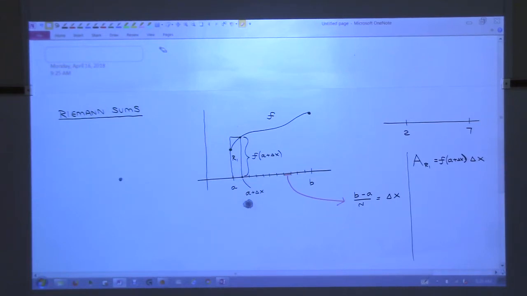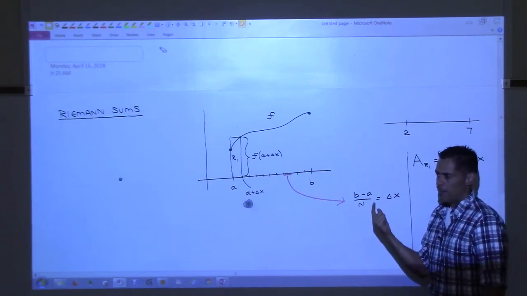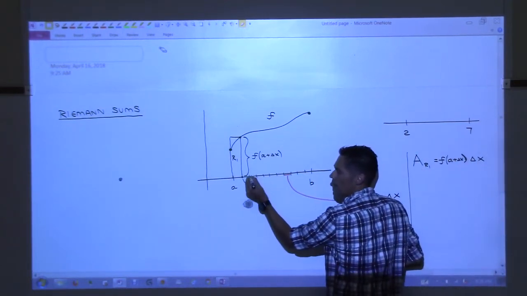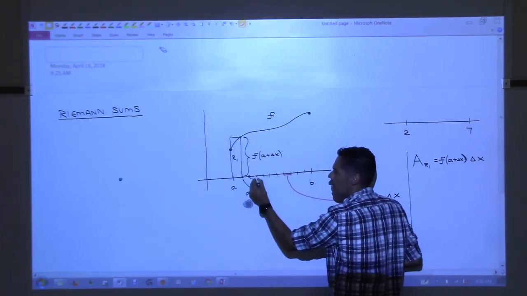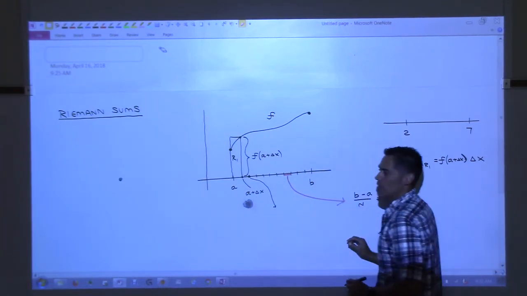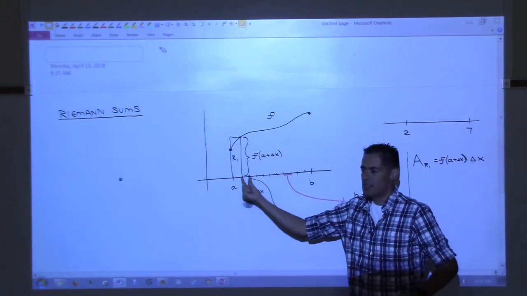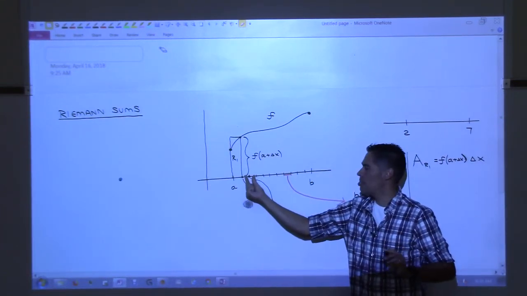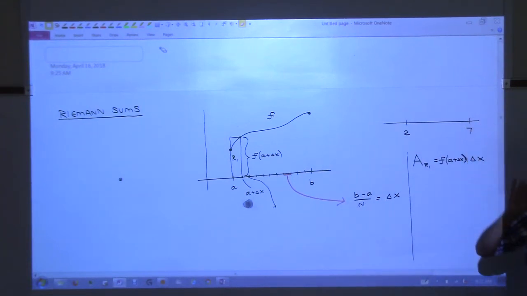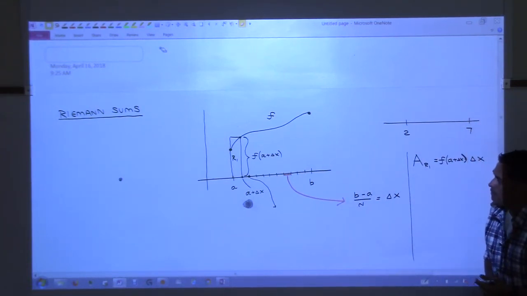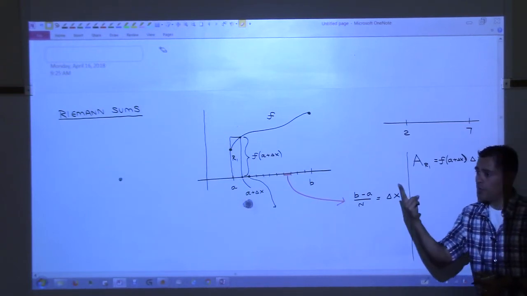Now what we would do is go to the next rectangle. I'm going to start at this point, go up and over, right and down. Before I do that, can you tell me what that point is? I know how wide that is already, that's delta x. I want to know the actual point because that has to get plugged into the function. I'm at a plus 2 of those delta x's.